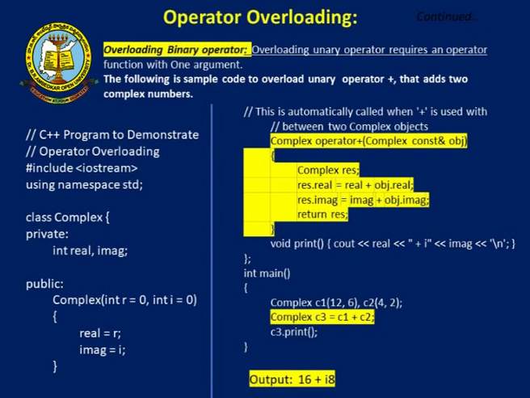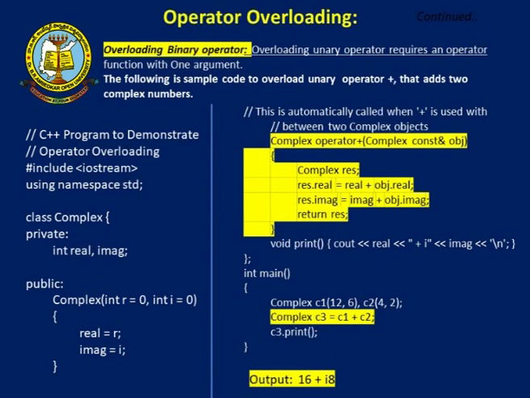So this operator function is going to take one argument of what type? Complex type. See this, inside this operator function, we have a new object called res. It is a result of complex type, and we are extracting the real part and imaginary part of that argument object, and adding it to the real part.